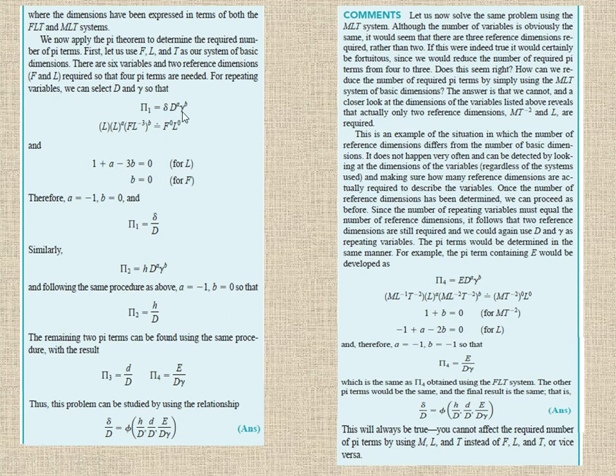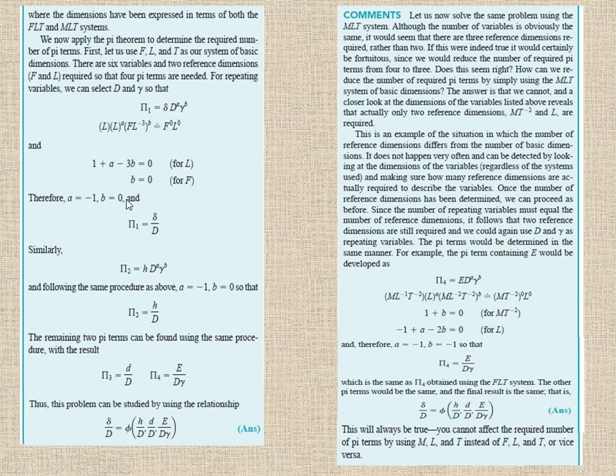So we replace all those values with the fundamental dimensions. Pi 1 is a dimensionless number, so it is going to be replaced with the exponent powers 0 and 0. We solve the powers and we get the values of a and b, and we replace these values of a and b in this equation.